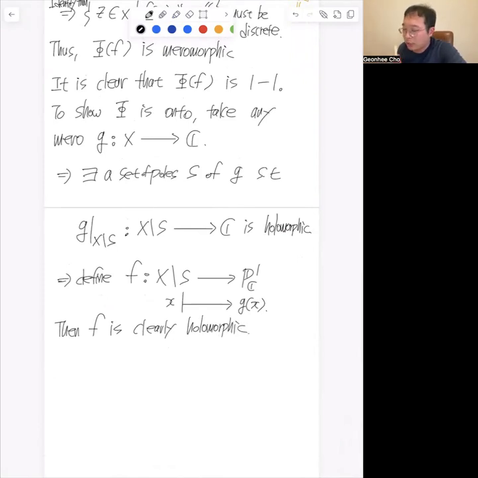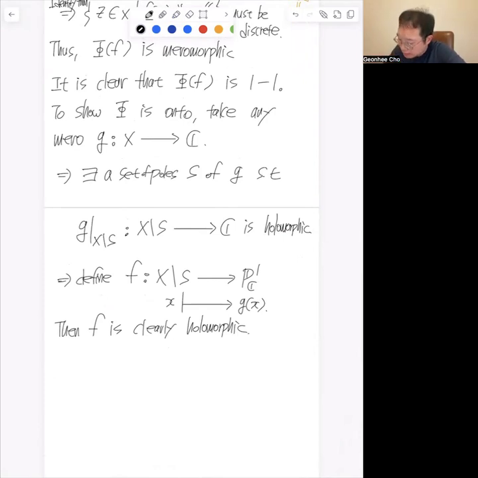Then what we just need to do is fill the gaps at those finitely many points, the poles. Why could that happen? What we know is that we are able to use a local coordinate such as 1 over z.